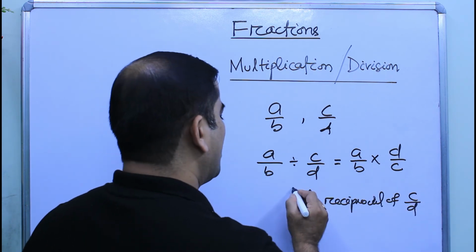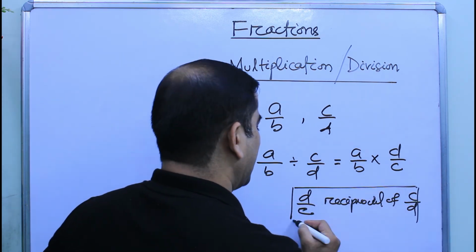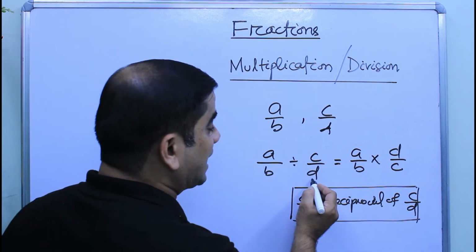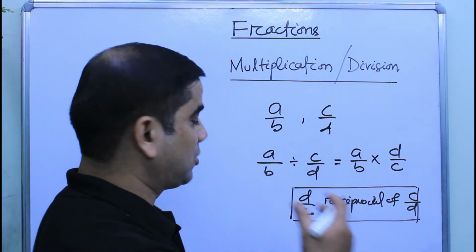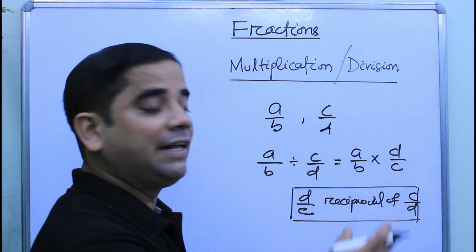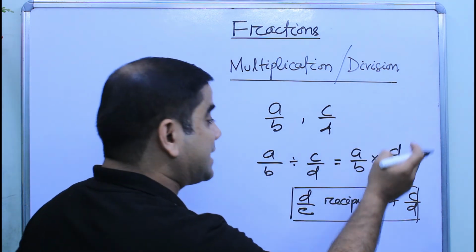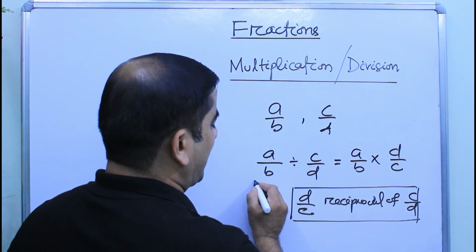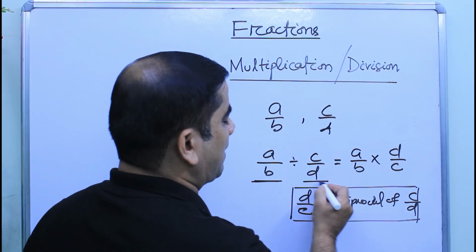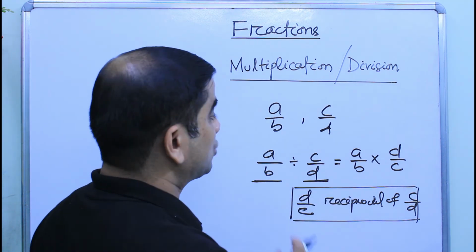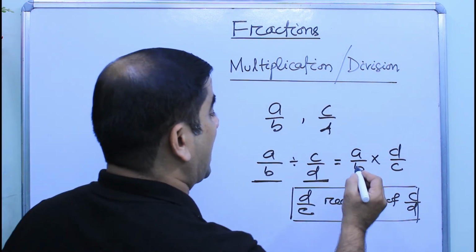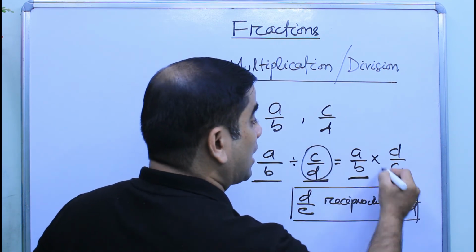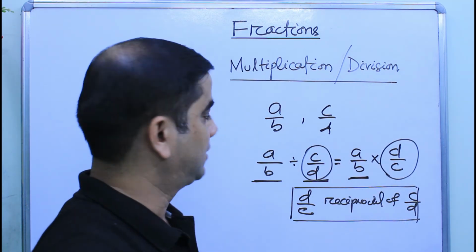You need to remember this: when we go for division, the divisor is inverted, or we need to multiply the dividend with the reciprocal of the divisor. Here a by b is the dividend and c by d is the divisor. So we need to multiply the dividend with the reciprocal of the divisor.